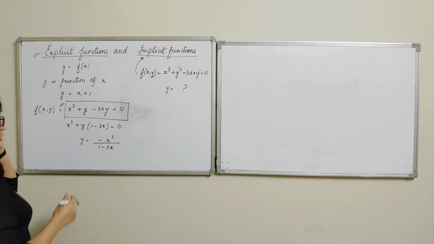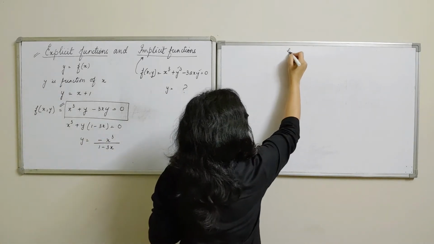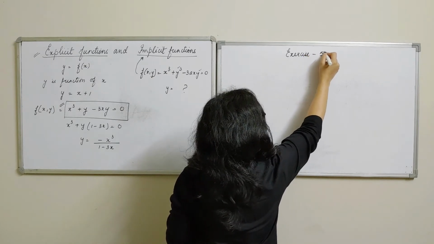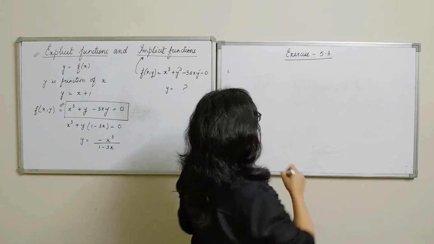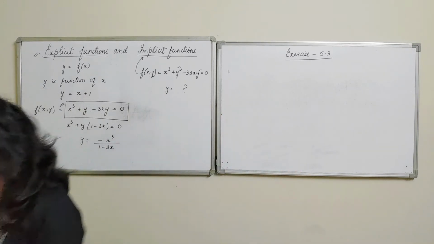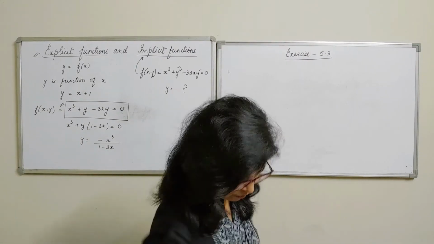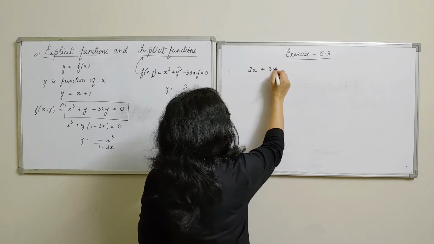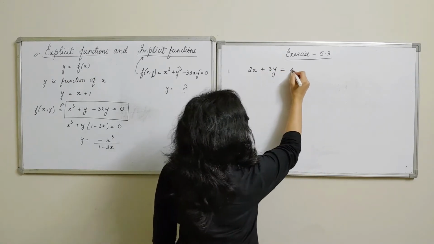For that, let me explain by taking up questions from exercise 5.3. We'll start with the first question: 2x plus 3y is equal to sin x.